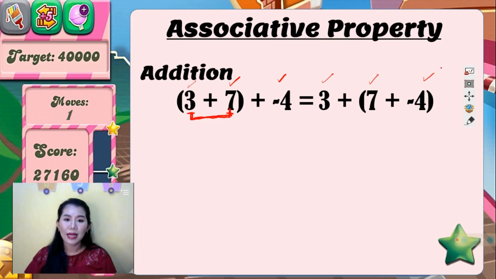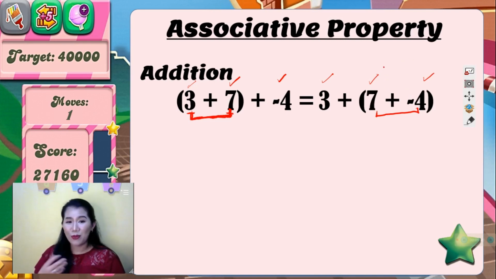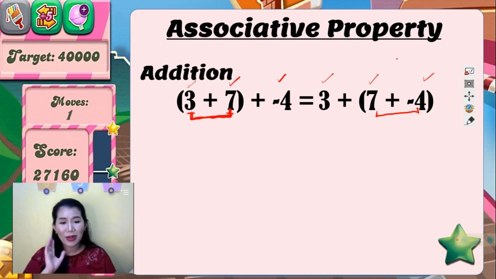The only difference is that, dito sa kaliwa ng equals, inuna yung 3 plus 7 na sagutin. While dito sa kabila, ang uunahin natin ay si 7 at saka negative 4. Hanapin mo muna yung sagot nun. Yung sagot ba kaya ay magkaiba? Okay? So, malalaman natin yon.